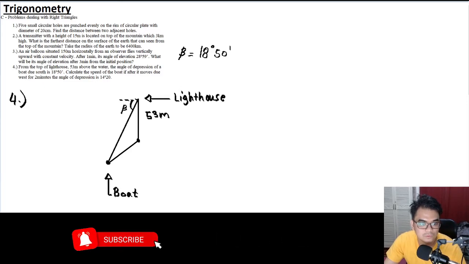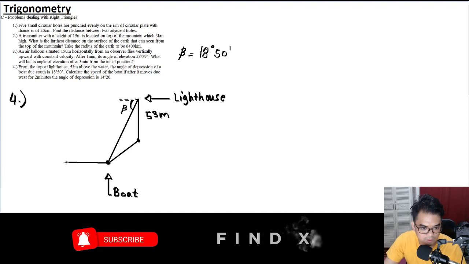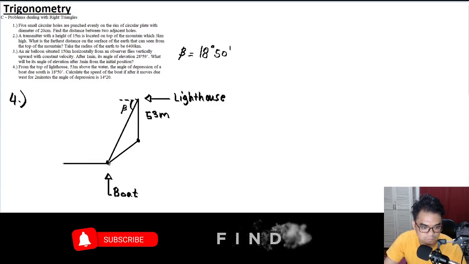So this boat, from this position, you will have here this position. Let's make it something like this. There you go.